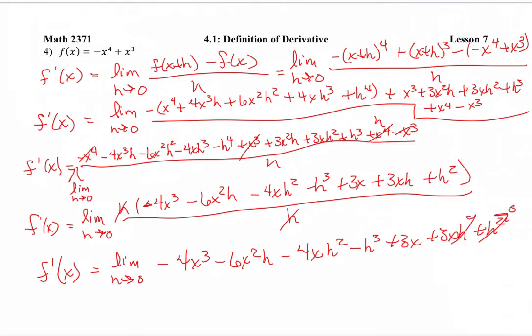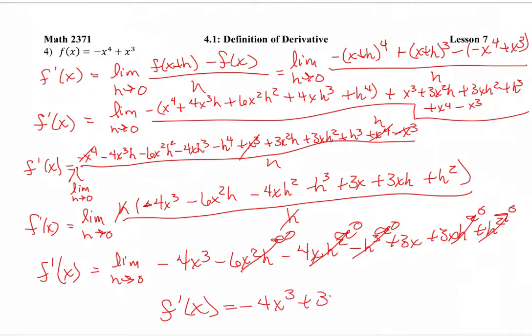Terms will go to 0. So I'm left with f prime of x equals minus 4x cubed plus 3x. Okay?